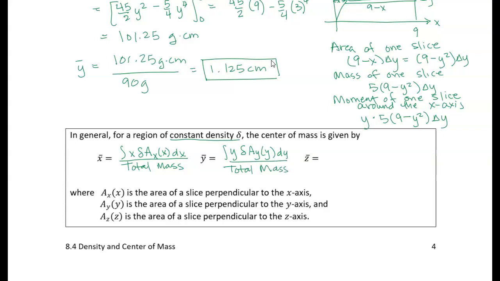We could also do this in 3 dimensions. If we had a third dimension, we could integrate and find the moment with the distance z, since we have a z-axis in this case, times the density times the area of a slice perpendicular to the z-axis, dz.